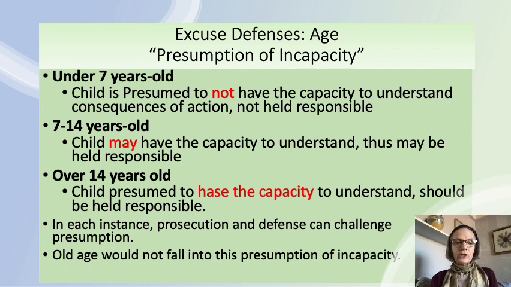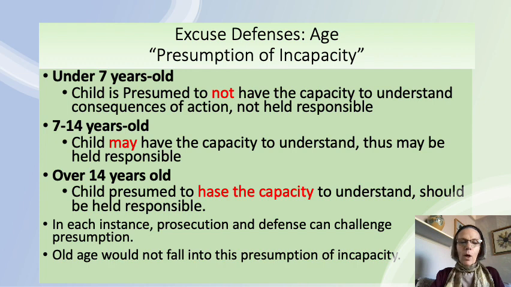Now, old age doesn't fall in the presumption of incapacity, right? So it's not like the younger you are, the more you're not capable of understanding the consequences of your criminal actions, and when you get to be super old, 80 and 90-year-olds aren't capable of understanding the consequences, that they lack that capacity and could use that as a defense. Doesn't work that way.